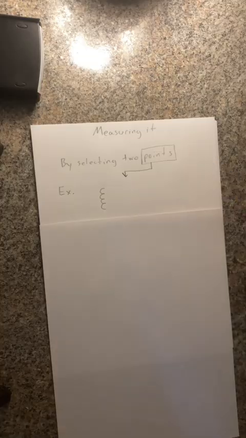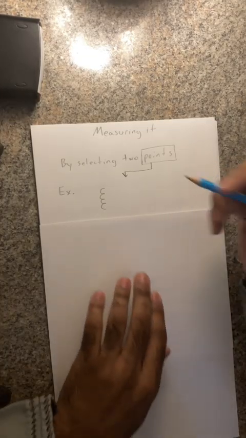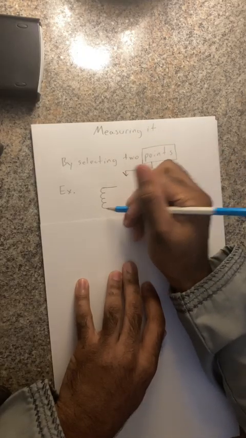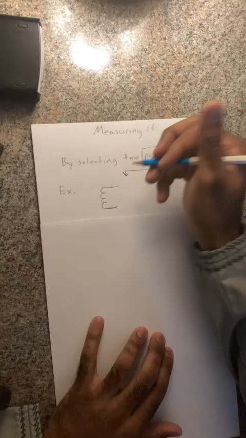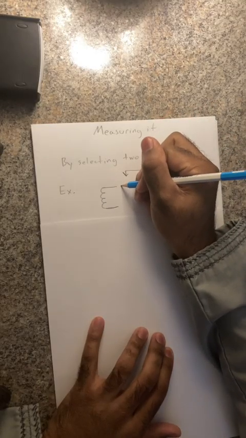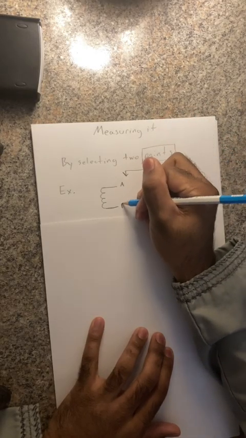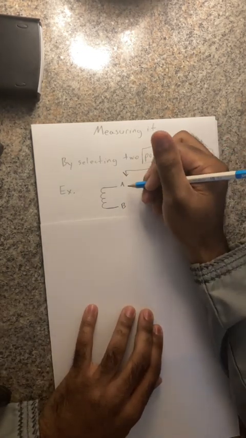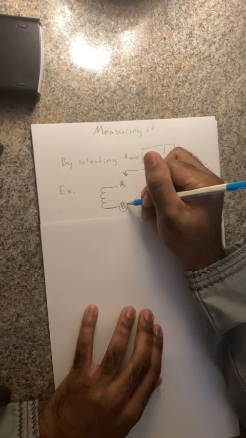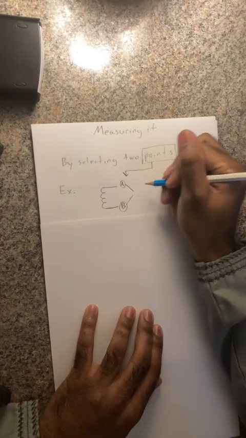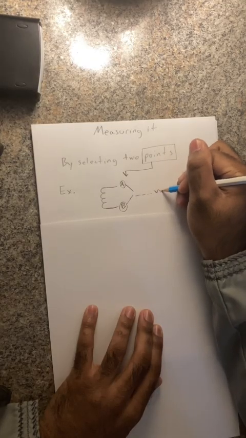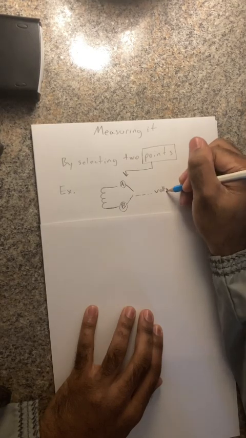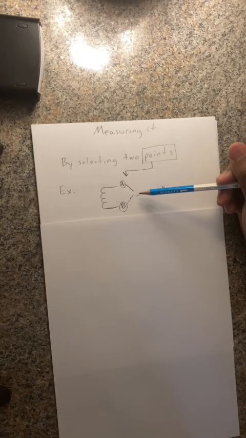Supposing that we have a winding, and we will call this point A, and we will call this one point B. Voltage is measured between both of these points, in volts.